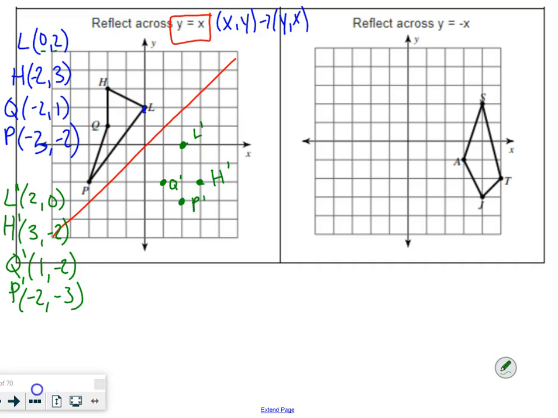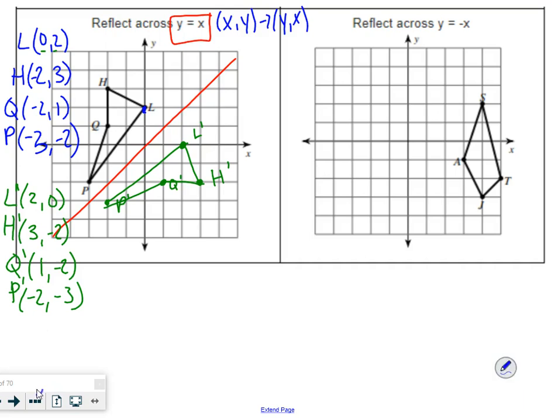So there is P prime. There's P prime. So if we connect the dots, we get that image that has just been reflected across that line of y equals x.